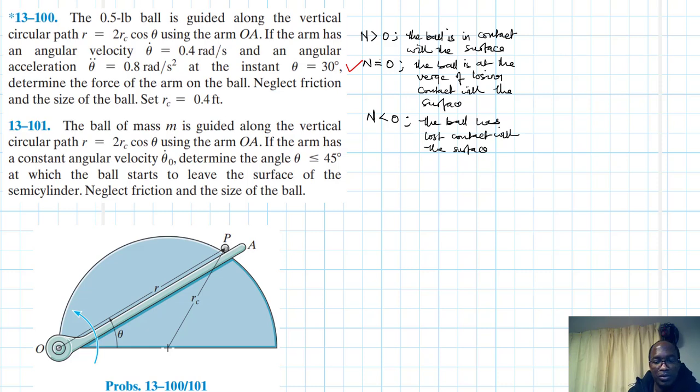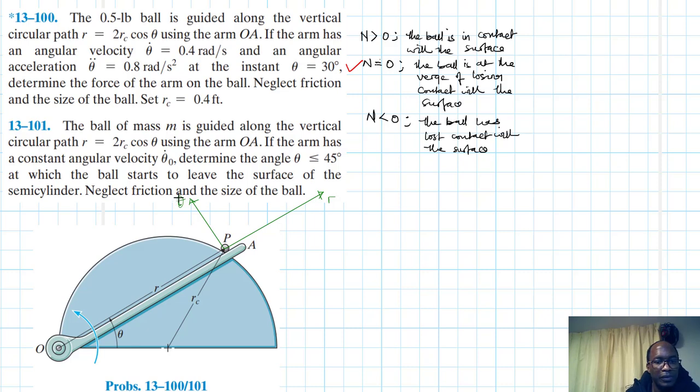So let's draw the free body diagram. Of course, we are dealing with polar coordinates, and these are the ones I'm indicating right now. This is our r radial and this is theta.